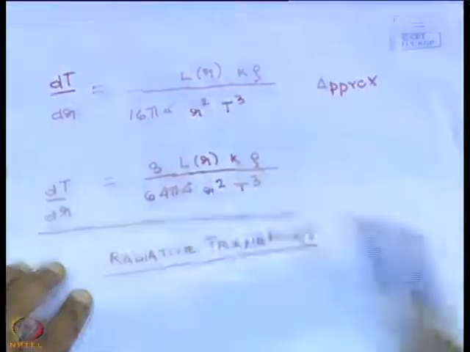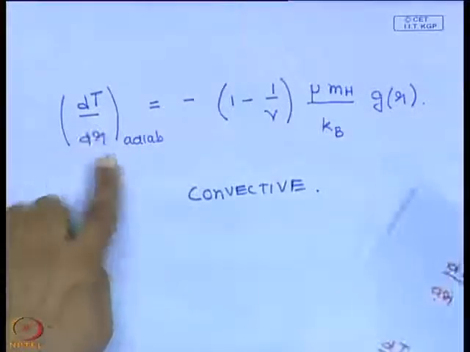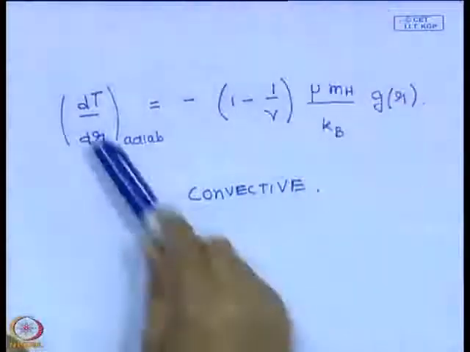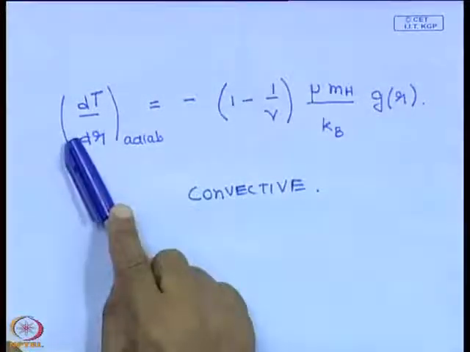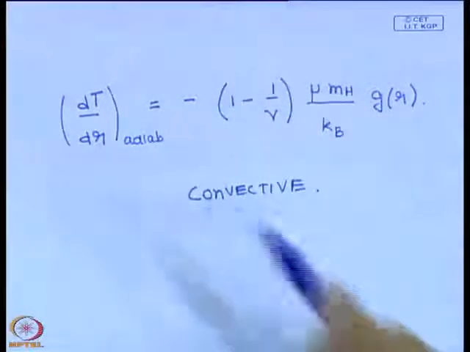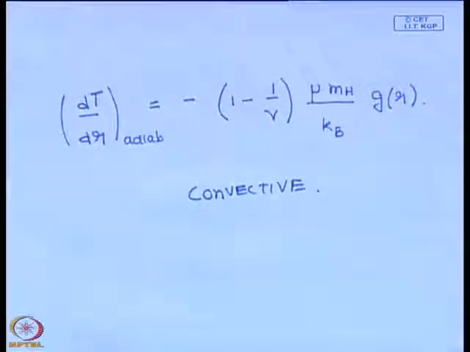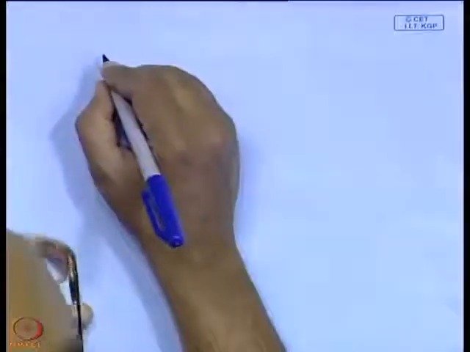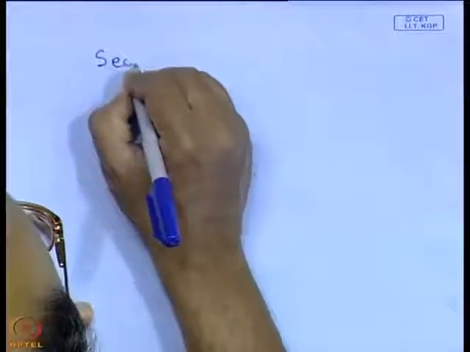The moment this becomes bigger than this, you have to use the adiabatic temperature gradient, and we know that then convection has set in. Okay, so you have to simultaneously solve these 4 equations. In addition to these equations, there are certain secondary equations which are also required. So, these 4 equations in themselves are not adequate. There are certain secondary equations that also have to be solved.